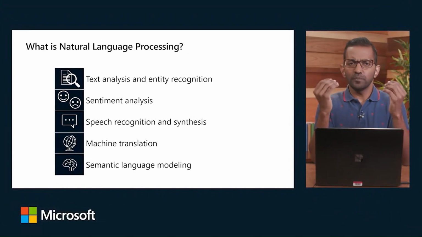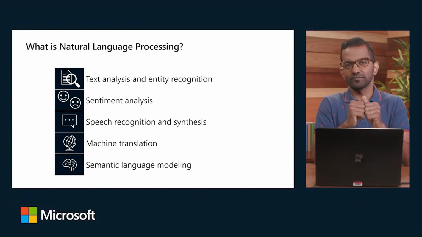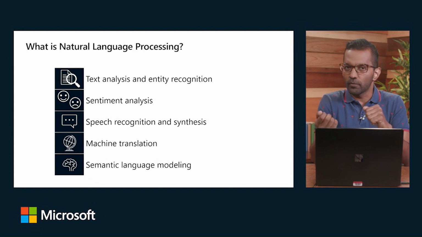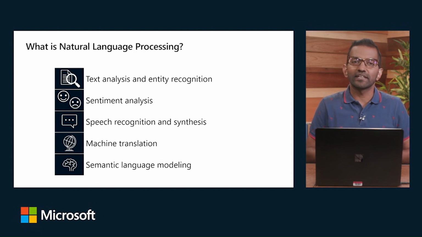Next, we have speech recognition and synthesis. It's becoming increasingly common to encounter AI systems that can recognize spoken language as an input and synthesize spoken output. This is applied in smart speakers and digital assistants on our phones that accept vocal commands and are able to provide spoken responses.